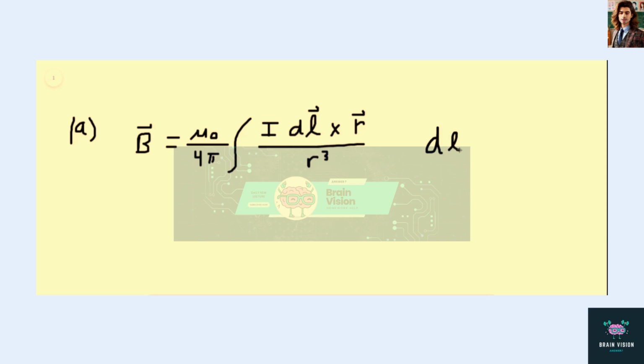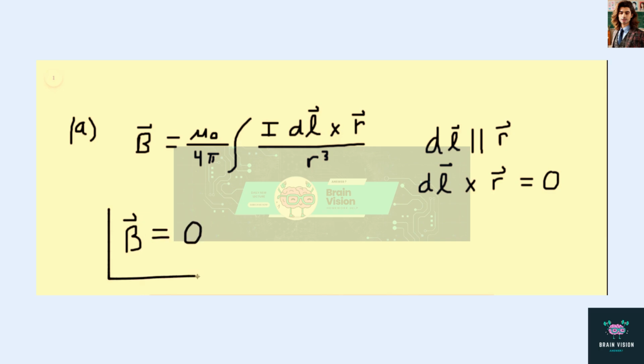Since that's true, dL cross r is 0, because the cross product of two parallel things is 0. Plug 0 into that integral, and anything times 0 is 0, so therefore the magnetic field B is 0. And that is our proof. We can box that in as our solution for A.